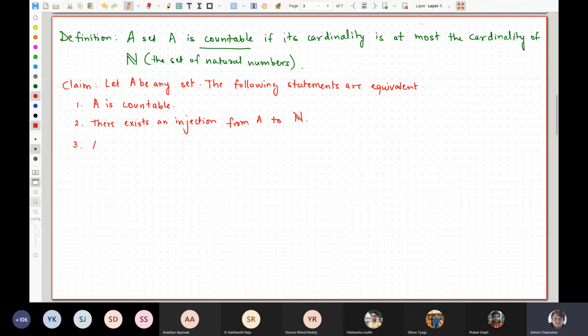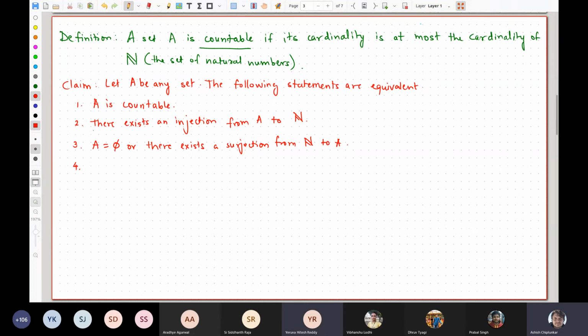Third, A is empty, or there exists a surjection from N to A, right? What other conditions did we see in the last class? What are other ways to prove that a set is countable?